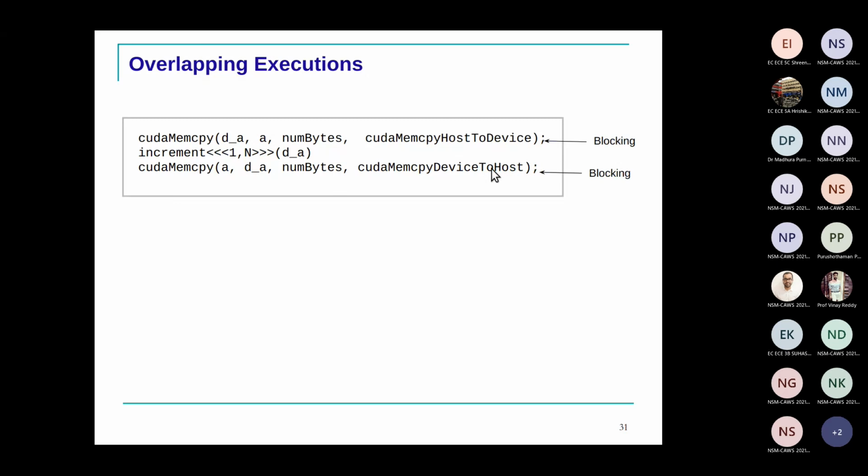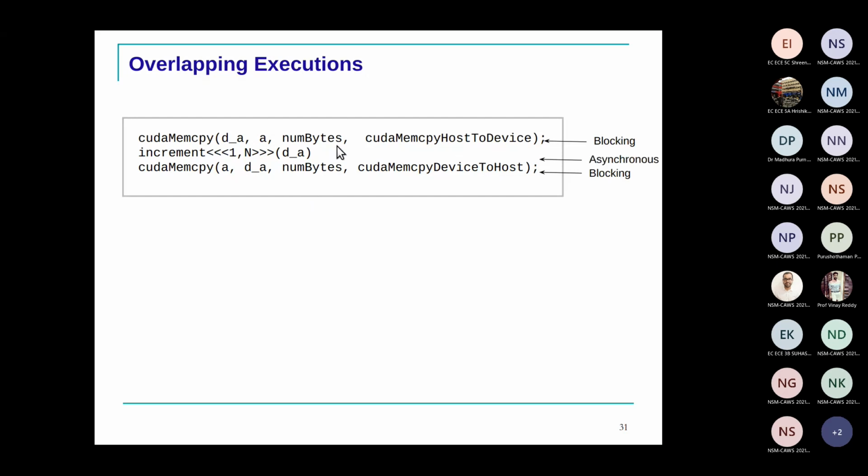Typically the data transfers are blocking calls. Blocking calls means that you cannot go to the next instruction, that is the increment operation, unless and until the cudaMemcpy is finished. Similarly here, the cudaMemcpy is a blocking operation, so unless the data transfer is finished, you cannot execute the next instruction.